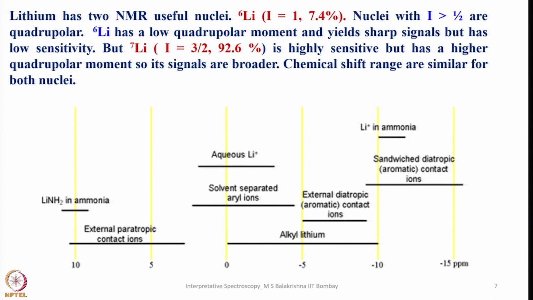broader. And then when we look into the chemical shift range, whether you consider 7 lithium NMR or 6 lithium NMR, the range is very similar for both nuclei.